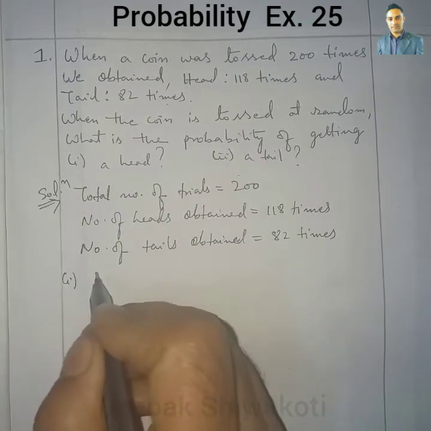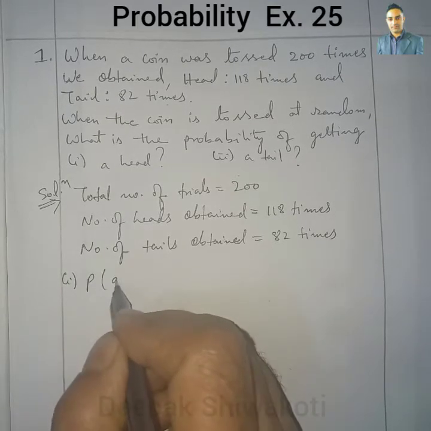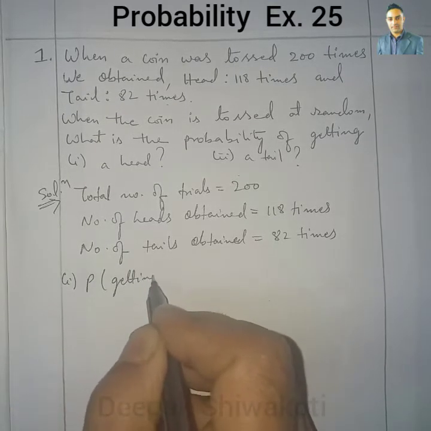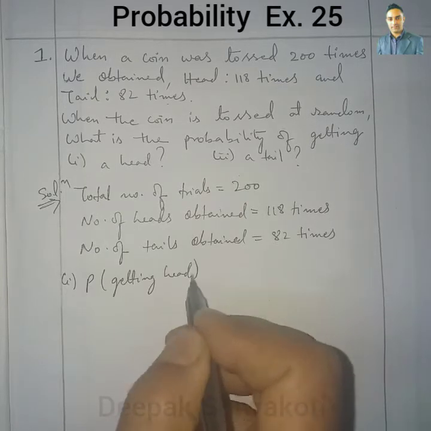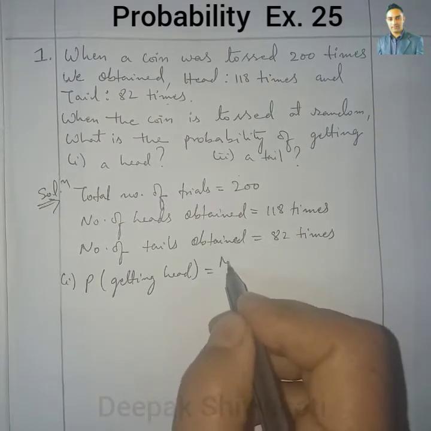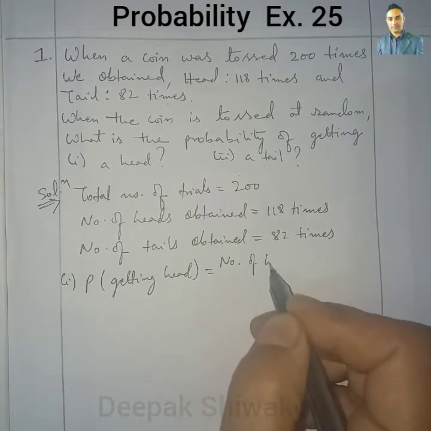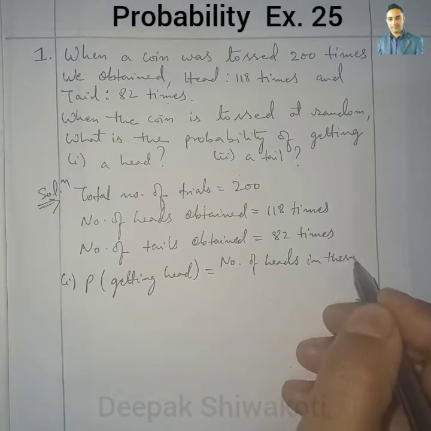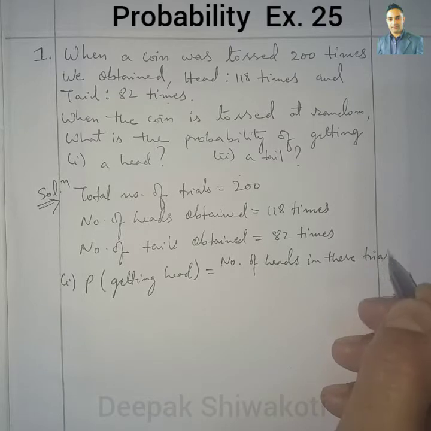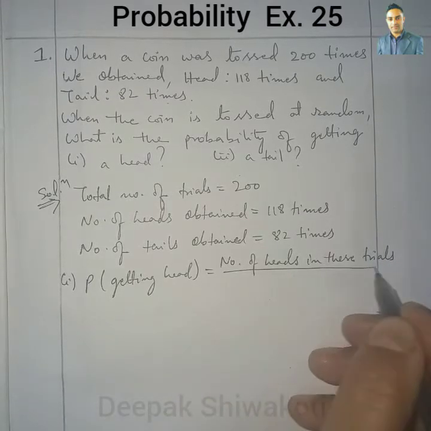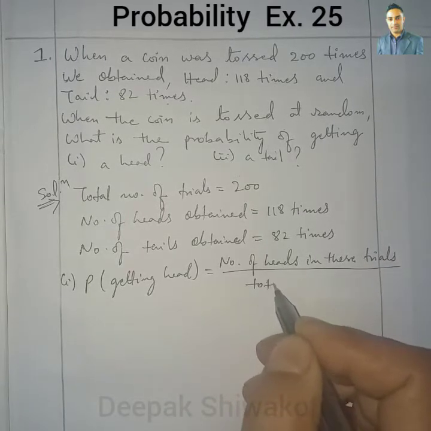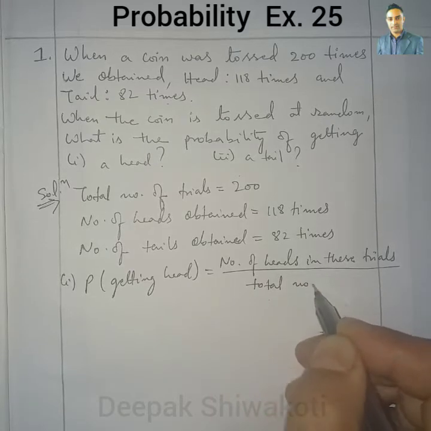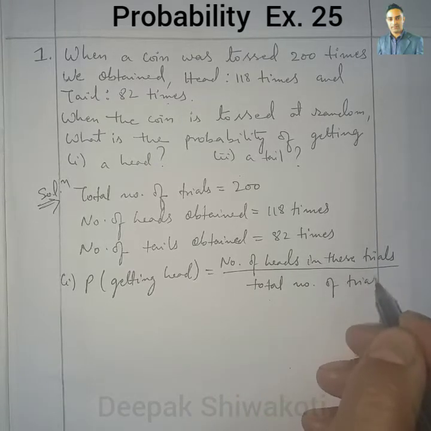So number 1, probability of getting a head is given by number of heads in these trials by total number of trials.